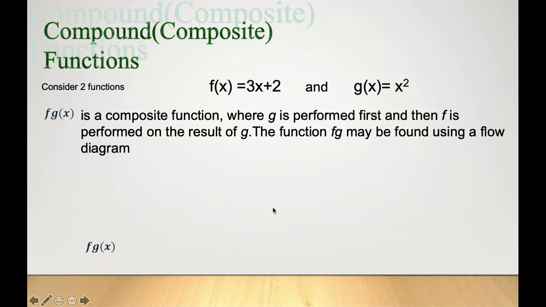I'll illustrate it with the flow diagram, which is represented using boxes.